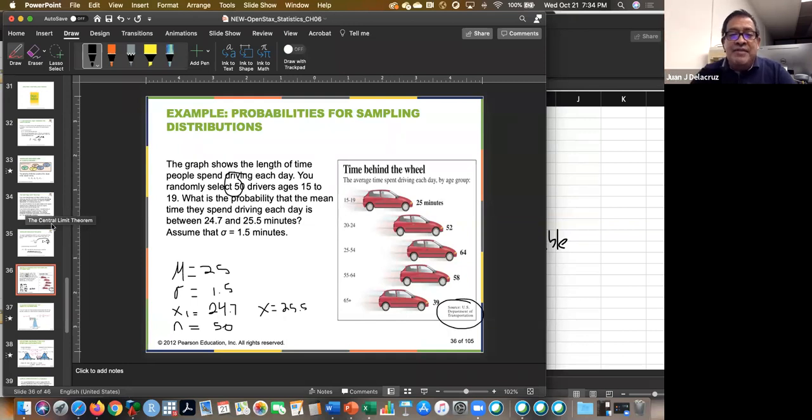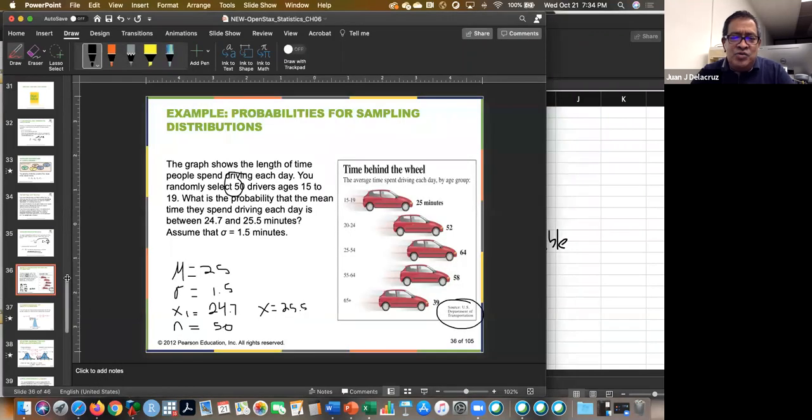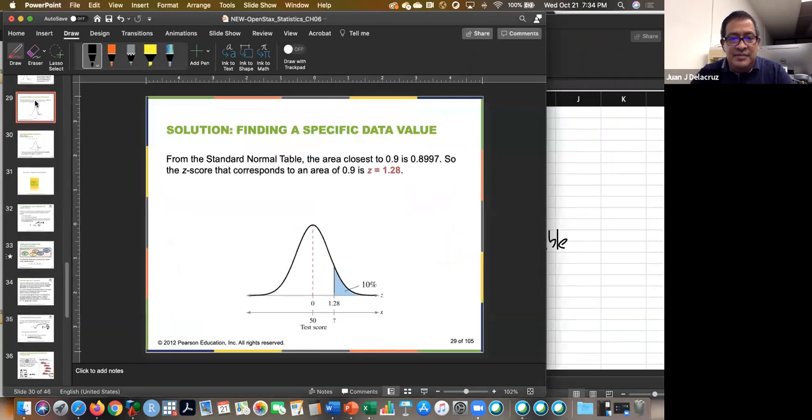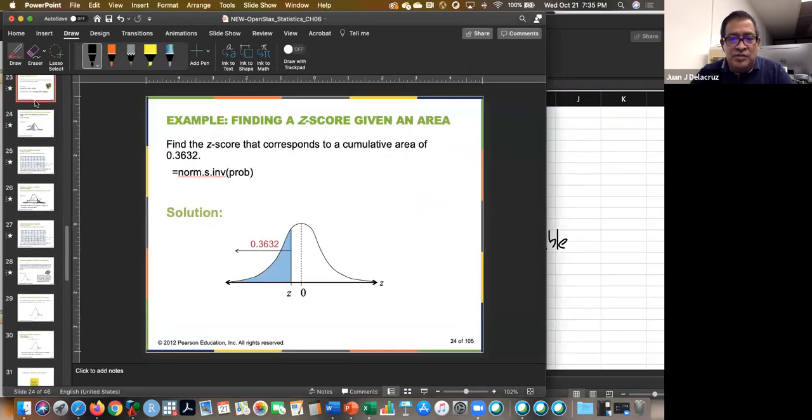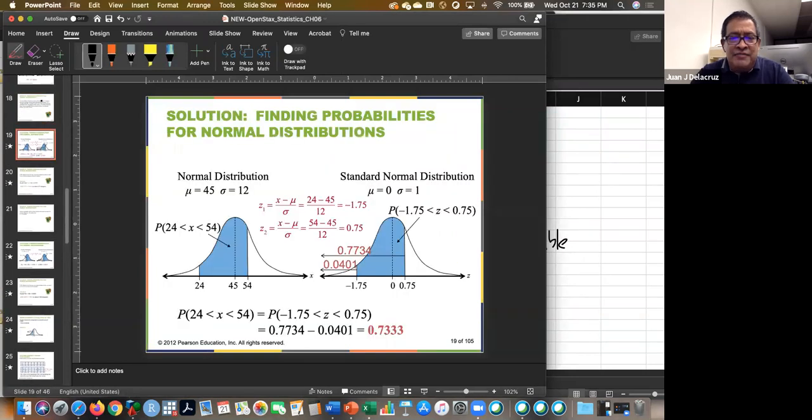In this case, we have a sample that is different because we are using a sample to measure the probability of an event. Is that a little bit more clear? So with this Z-score, we don't have a sample size.